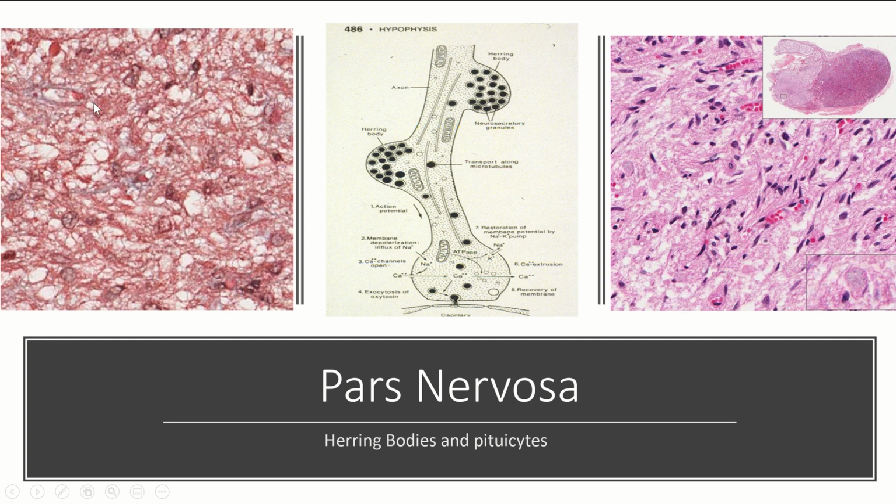Those are going to be our Herring bodies right there. Maybe there's one that we can imagine right there. Those are going to be our Herring bodies storing that oxytocin and ADH. Okay, and then we've also got pituicytes in there. That's just the general cell of the pars nervosa. So a bunch of pituicytes in there as well.